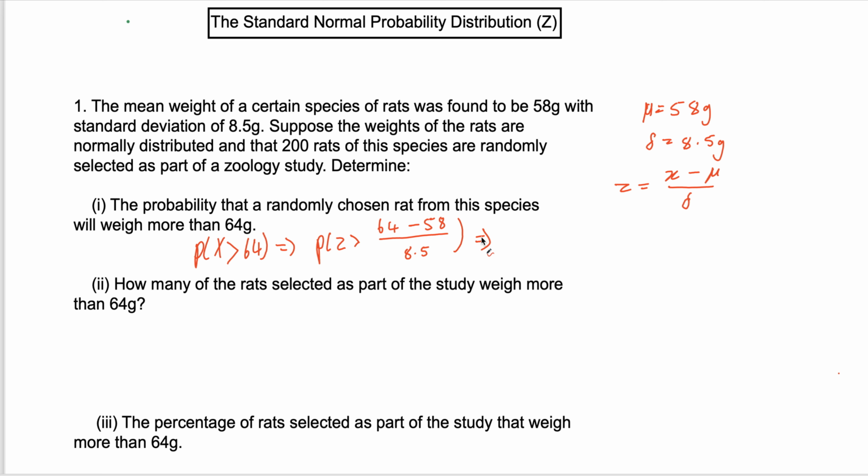Let me quickly calculate it. 64 minus 58, divided by 8.5.